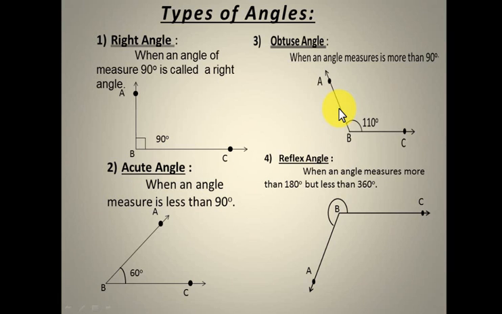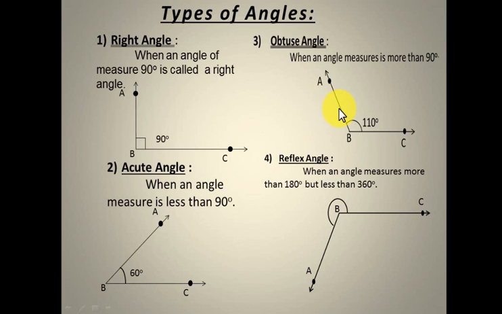When the measure of an angle is more than 90 but less than 180, we will call it an obtuse angle. Listen properly once again. When an angle measure is more than 90 and less than 180, we will call it an obtuse angle. Okay, next one is reflex.